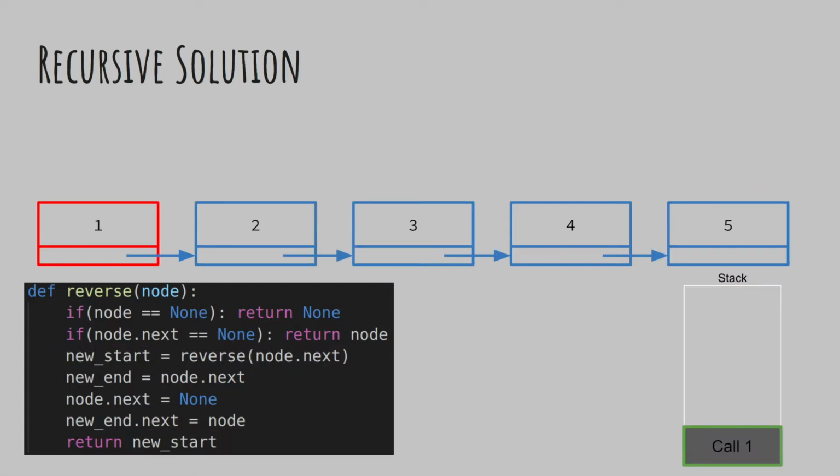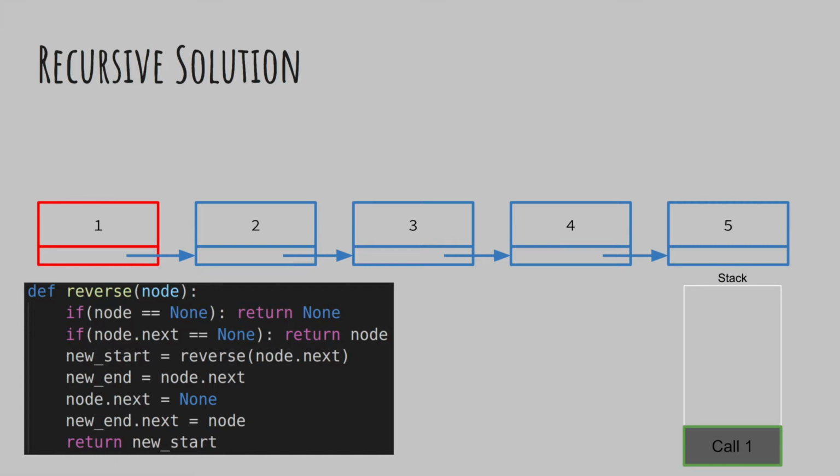Now this is not a very good solution because we do a lot of function calls, and for each function call the current variables and the program counter and so on need to be saved on the stack.